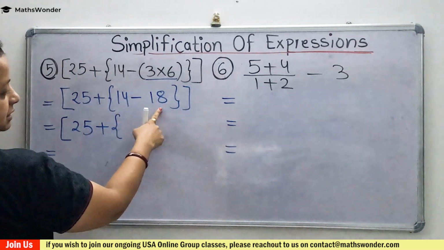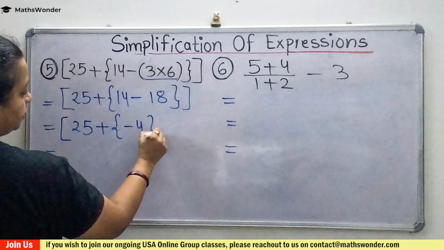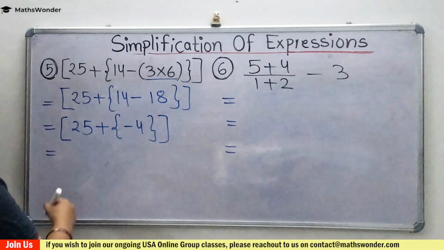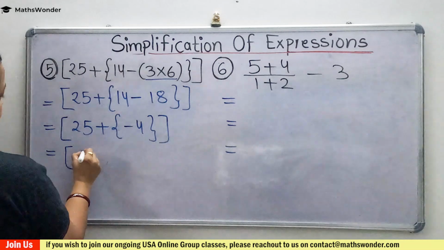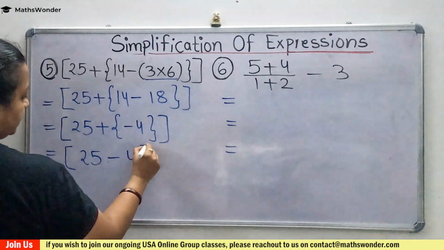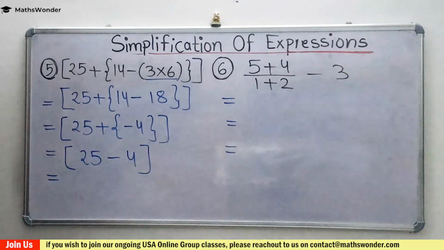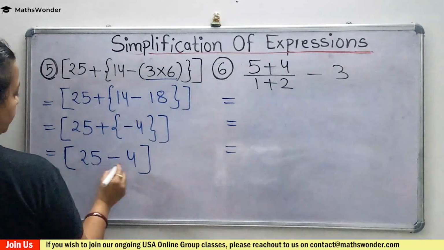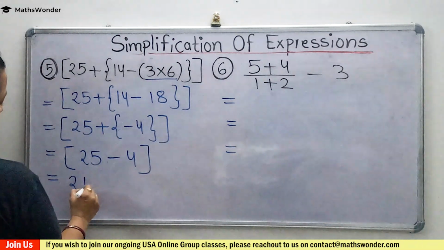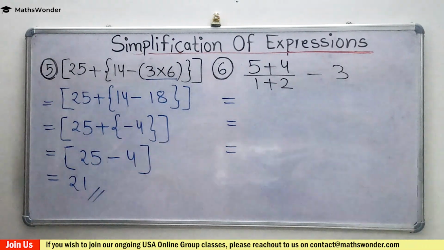So 14 minus 18 will be negative 4. Use integers. Now 25 plus minus will be minus, then close the square bracket. Now you will subtract it. 25 minus 4 will be 21. So 21 is your answer.